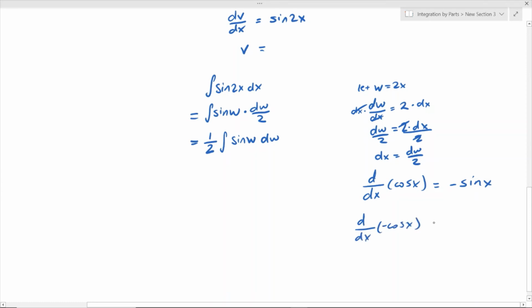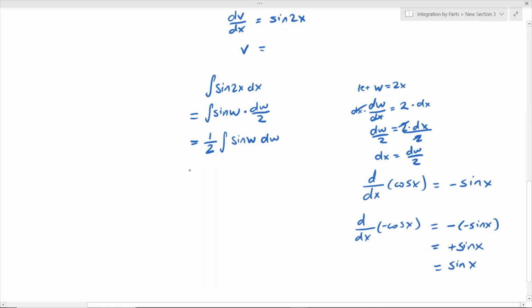The derivative of negative cos x is going to be negative times negative sine x, which here we have 2 negatives, so it's going to be a positive, so it's going to be positive sine x, which is just equal to sine x. So here the sine w, right, we're trying to find the integral of that, opposite of differentiation. So that means it will be negative cos w, right?